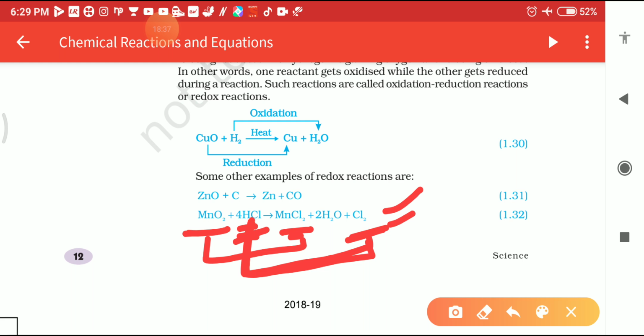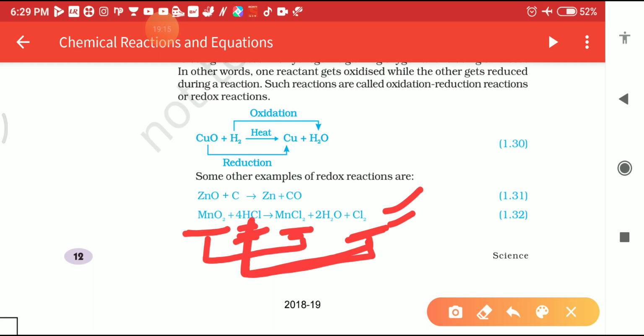Now MnO2 is losing oxygen to form manganese dichloride. Losing oxygen means what? It comes under reduction. Manganese oxide is losing oxygen, and losing oxygen and addition of hydrogen comes under reduction. Then we can say that manganese oxide is reduced here, and hydrochloric acid is oxidized here, because hydrochloric acid is removing the hydrogen.